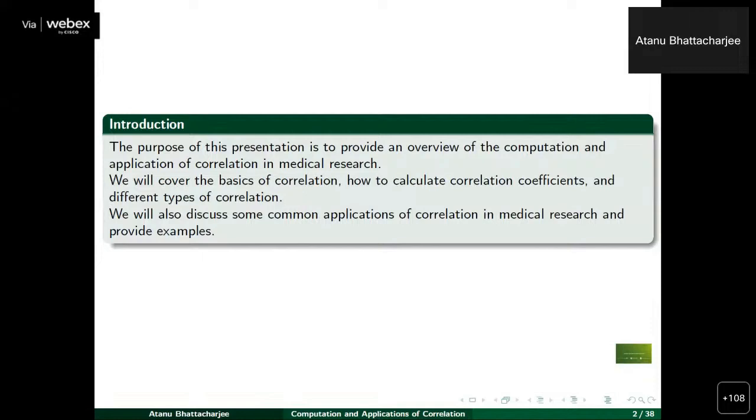I don't find any difference between medical research and Ayurvedic research in terms of the applications of correlation coefficients. I'll cover the basic fundamentals, how to calculate correlations, and the different types of correlations, and we'll discuss some common applications and possible future applications where correlations could serve as a better tool, and in any advanced computation or complex analysis it could be used as a fundamental statistical tool.